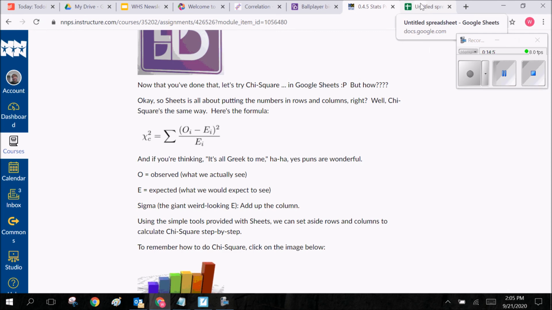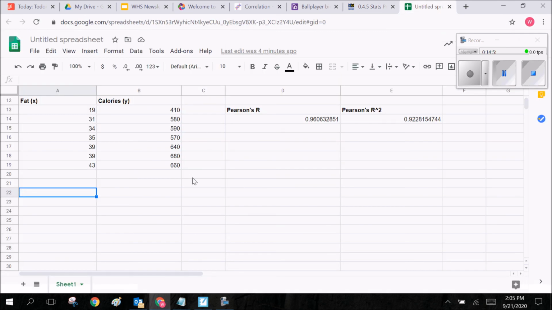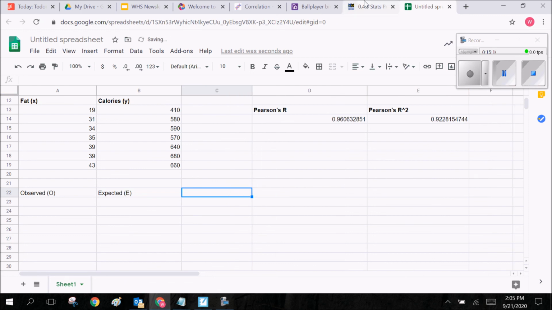So let's go ahead and show you how we're plugging that in. We're going to start here with our observed. These are our observed data points, and then we're going to have our expected. Then we're going to break this equation into smaller pieces.